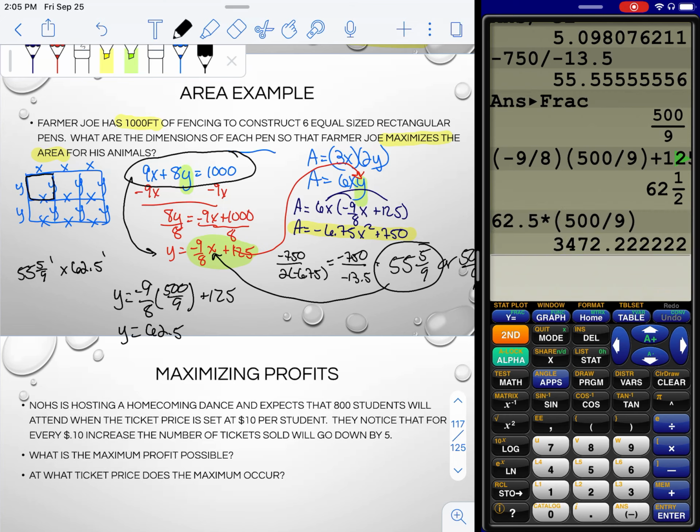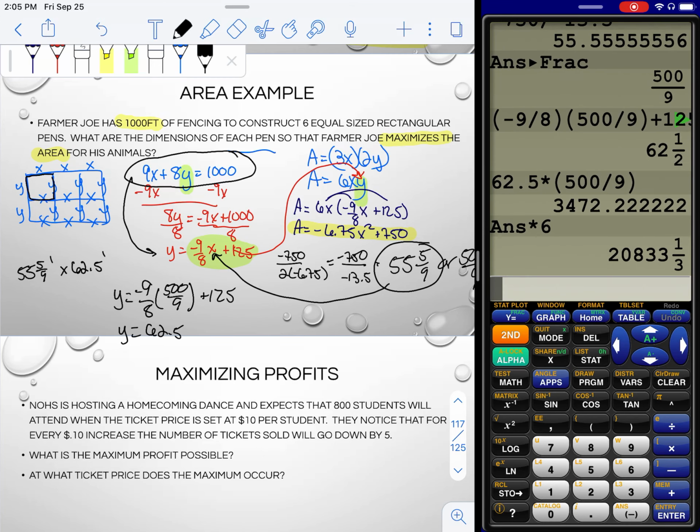That gives you the area of one pen, but we have 6 of them. So the maximum area is going to be 20,833 and 1/3 feet squared. We got that by just taking 6 times the area of one pen.